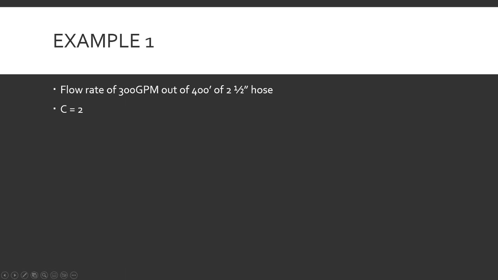That's our fancy number that we have to get our constant. Q of 3, because it's gallons per minute divided by 100. And length of 4, because again, it's our total length of hose divided by 100. So the math should look like that.